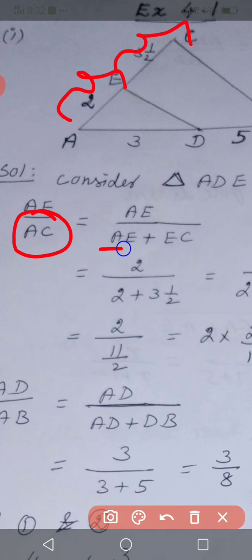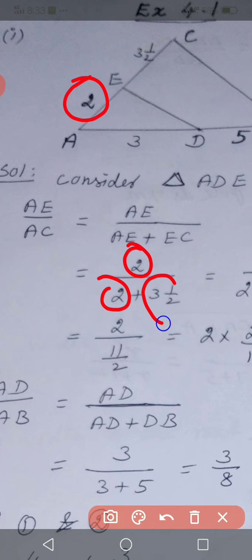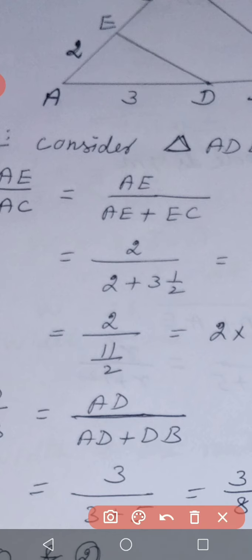Is it clear? Now substitute the values. AE is given as 2, so write 2 here. Then in the denominator, AE is 2 and EC is 3 1 by 2. So AC can be written as AE plus EC. Now substitute the values.